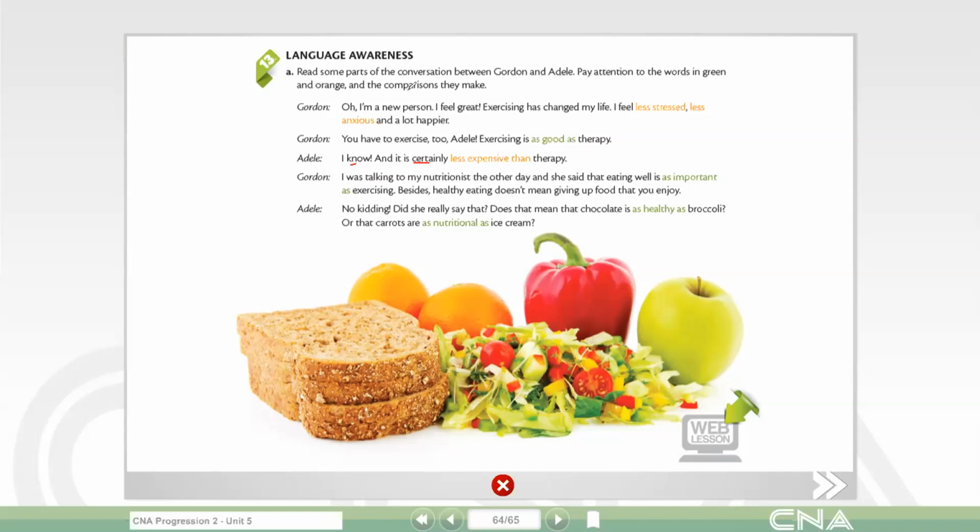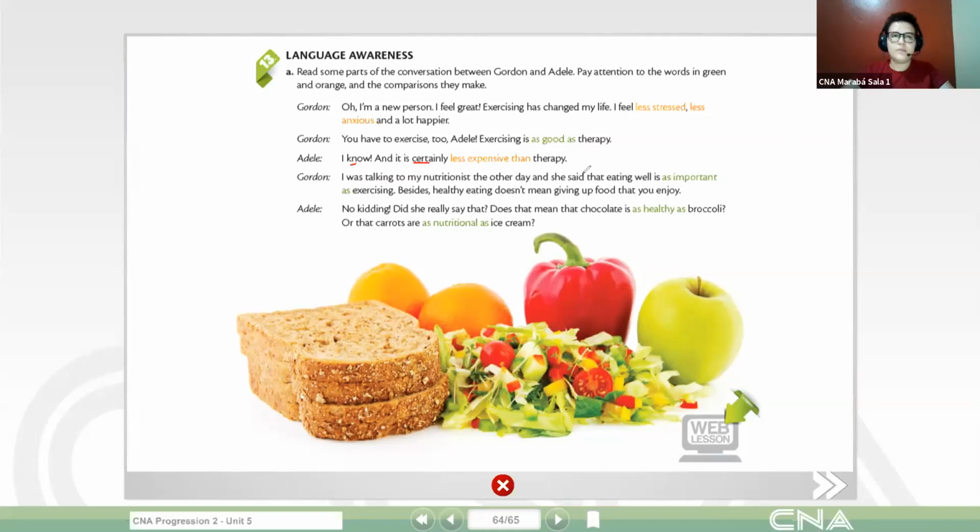No kidding, did she really say that? Does that mean that chocolate is a healthy abroad? Or that carrots are as nutritional in the ice cream?